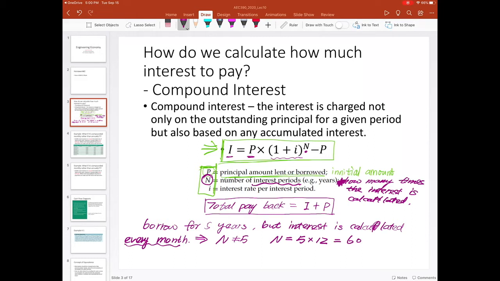Okay? If you don't follow this, pause and go back to watch this slide again. Why, in this case, is n not 5, but 60?